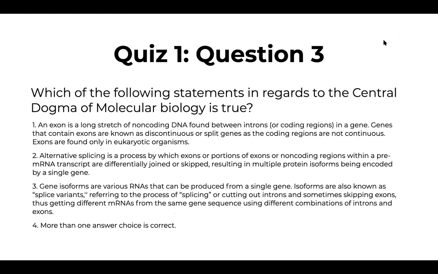Which of the following statements in regards to the central dogma of molecular biology is true? 1, an exon is a long stretch of non-coding DNA found between introns or coding regions in a gene. Genes that contain exons are known as discontinuous or split genes, as the coding regions are not continuous.